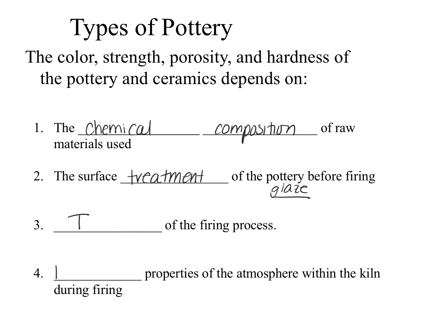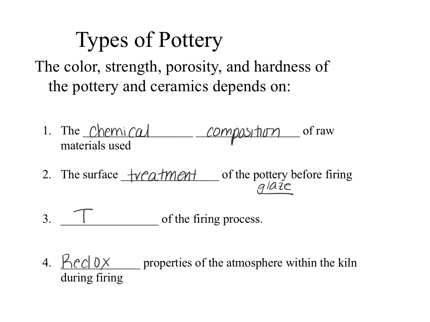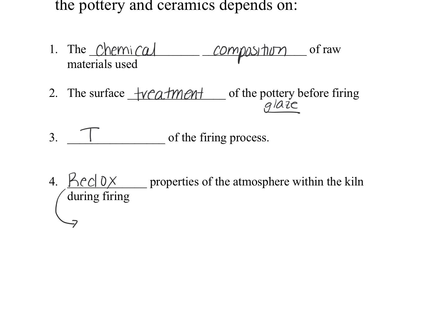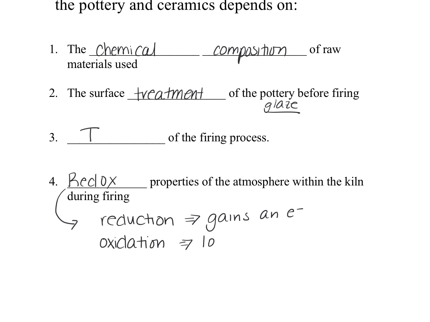And then the redox properties of an atmosphere within the kiln during the firing. Now I want to talk about redox here. Redox is a chemical reaction that happens when you have reduction and oxidation. In reduction, a chemical substance gains an electron, and in oxidation, a chemical substance loses an electron.